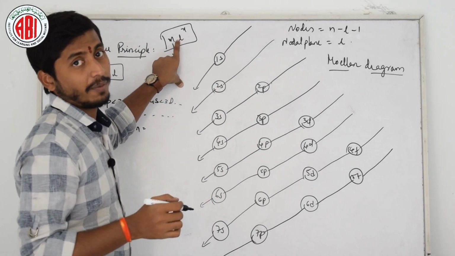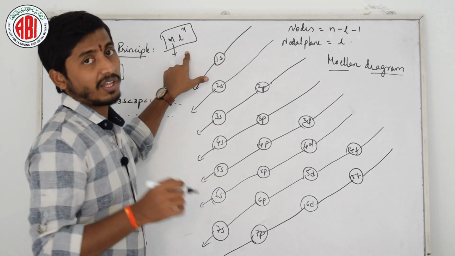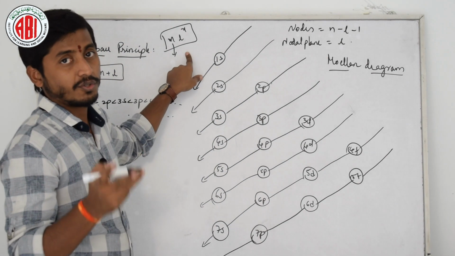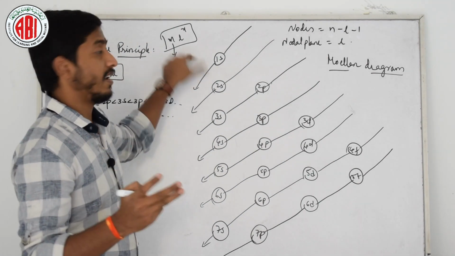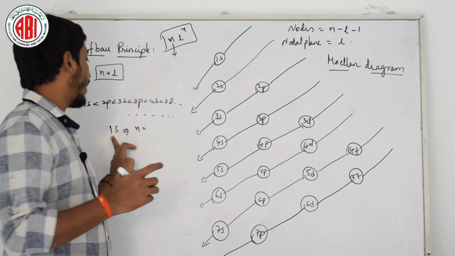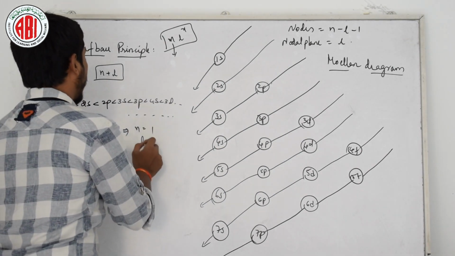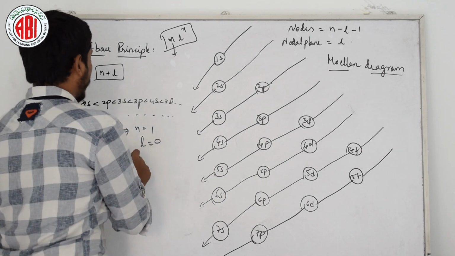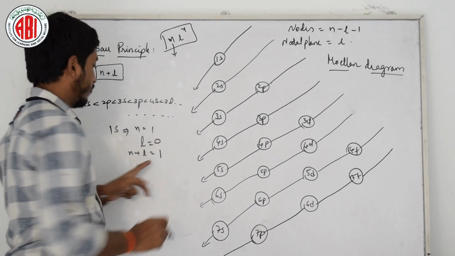L defines the shape: for s orbital it is 0, for p orbital it is 1, for d orbital it is 2, and for f orbital it is 3. Now check here, n is 1. What is the L value for s orbital? It is 0. If you add, it is 1.